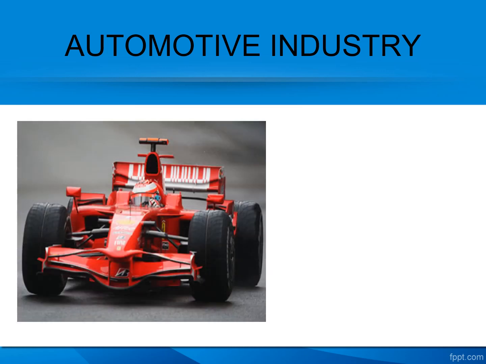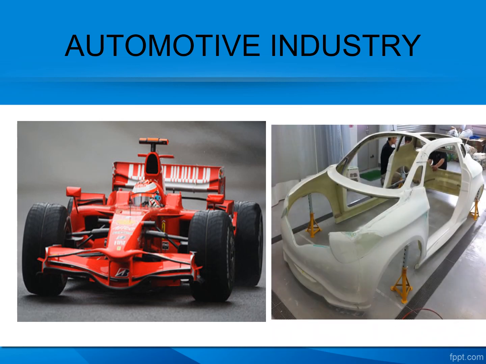In the automotive industry, you can see the Formula One car is made up of carbon fiber composites. Our commercial vehicles use fiber reinforced plastics for the body, for low weight and high strength.